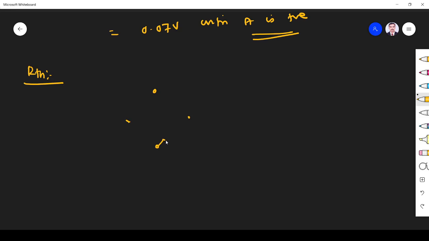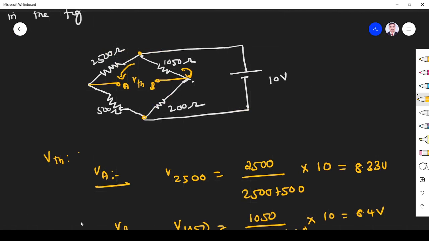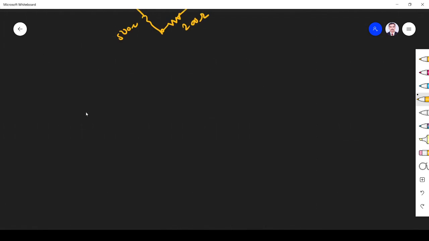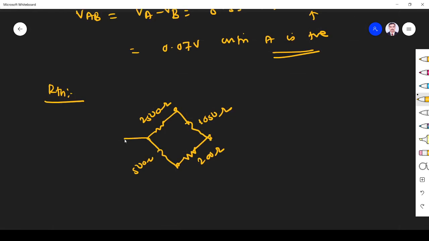It is 2500 ohm, this is 500 ohm, this is 1050 ohm, this is 200 ohm, right? This is AB, which should be taken out. So instead of drawing inside, I draw outside and redraw the circuit. AB will be coming like this. This is A, this is B.